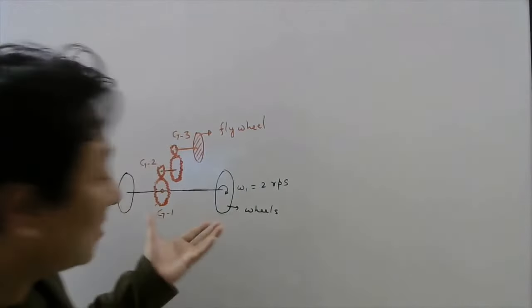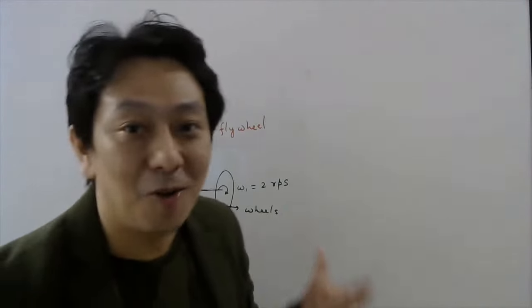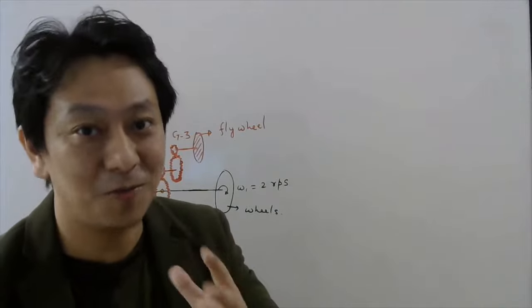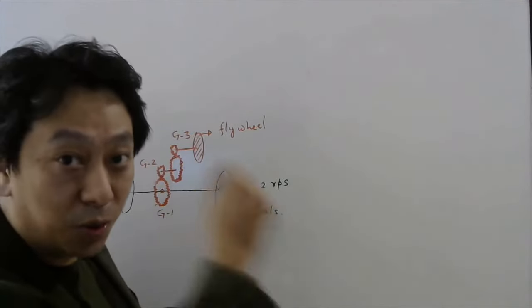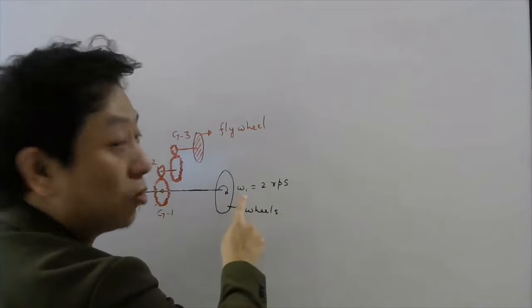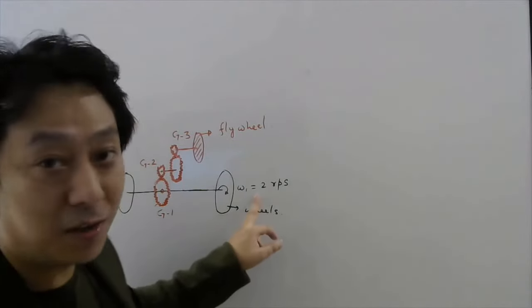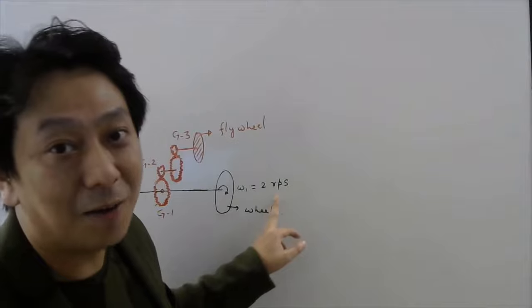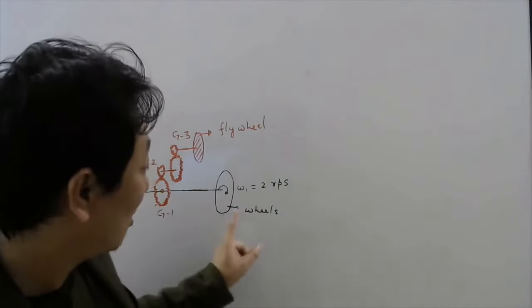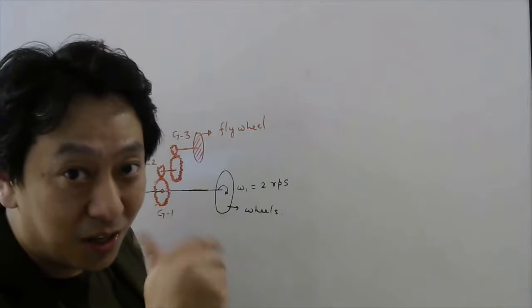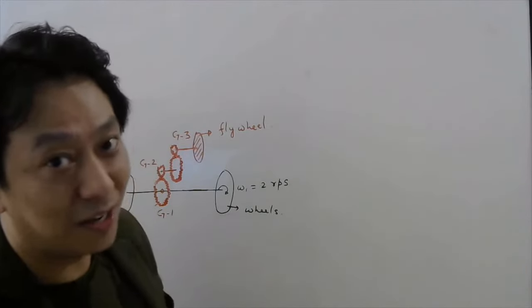Now, consider this gear system which is found in the toy cars which we are discussing. The wheel is, let us say, made to rotate with angular speed omega 1, which I have taken 2 rps. rps means rotations per second. So the wheel is made to rotate 2 times in 1 second.